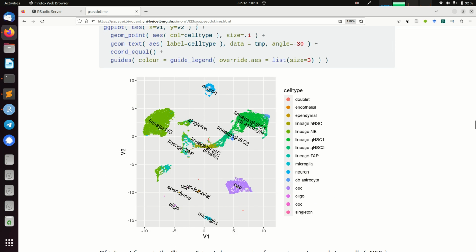So here you see what he has found. He has said that this here is the lineage, starting here with the quiescent stem cells and a couple of astrocytes from the olfactory bulb, that I think are the blue ones here. And you see the astrocytes and the quiescent stem cells are pretty similar.